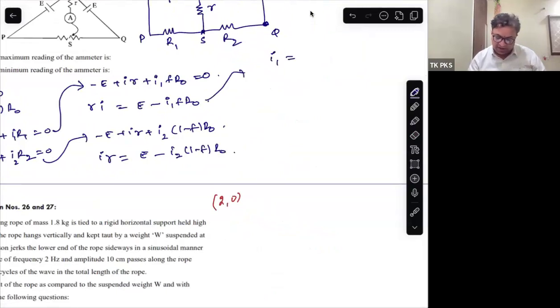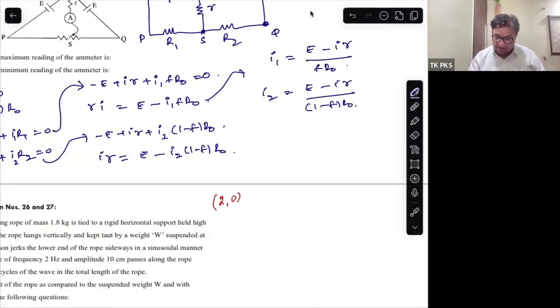So you can write I1 as E minus IR by F R0, and I2 as E minus IR by (1 minus F) R0.